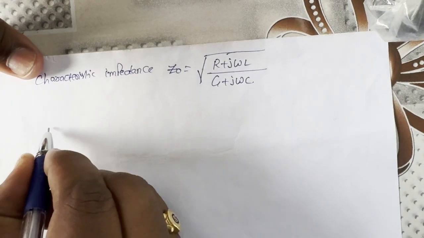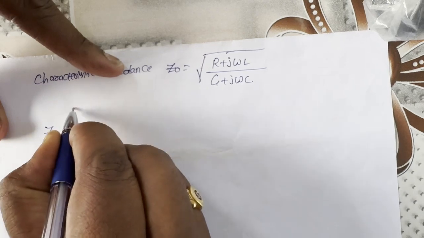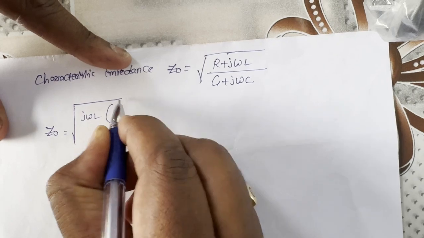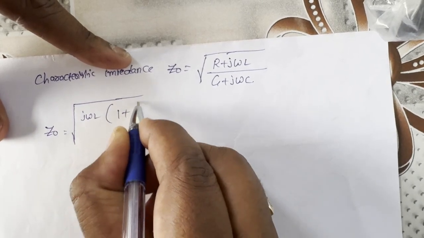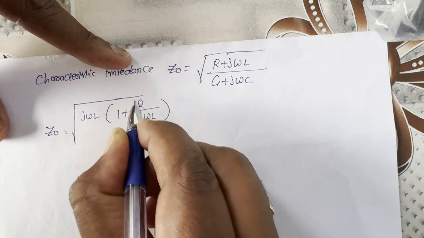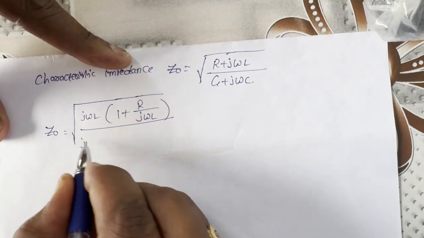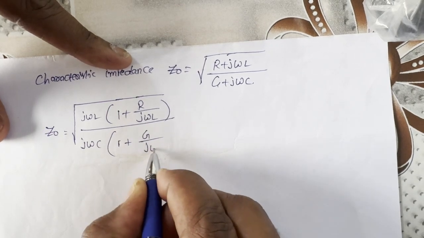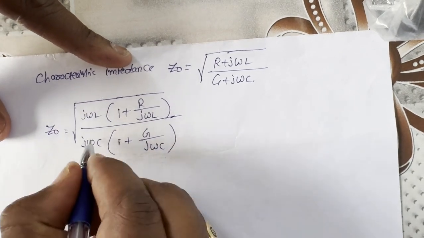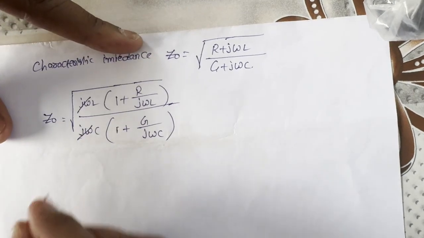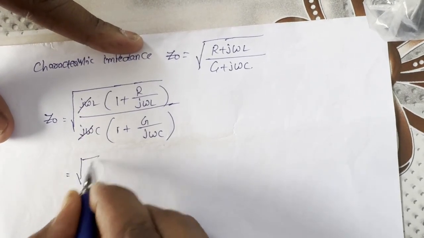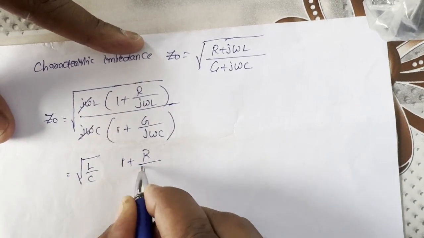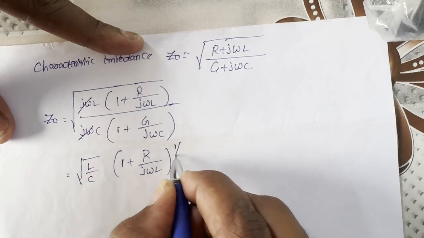Similarly here also, from the numerator I am taking j omega L as a common term, then it will become 1 plus R by j omega L. From the denominator, j omega C as a common term, it will become 1 plus G by j omega C. Here j omega will get cancelled, that equals square root of L by C into, for this one, 1 plus R by j omega L whole power 1 by 2.